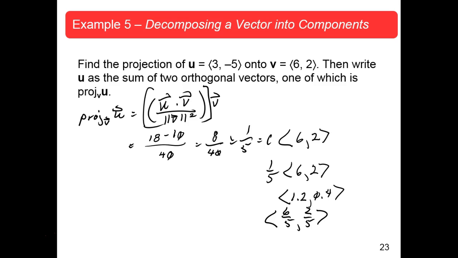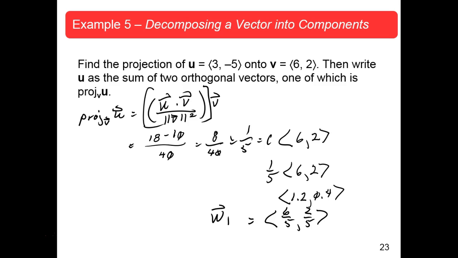You saw that from before. This is what we call W1. I like to call it W parallel. That's the component of your vector u that, it doesn't make much sense in an abstract way to say parallel and perpendicular, but if it was on a ramp or something like that, that would be parallel to the ramp. So let's just call it W1.